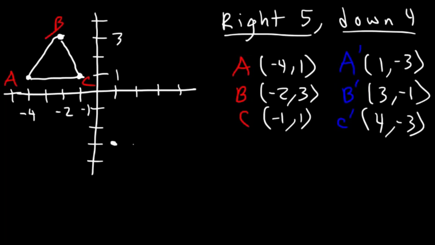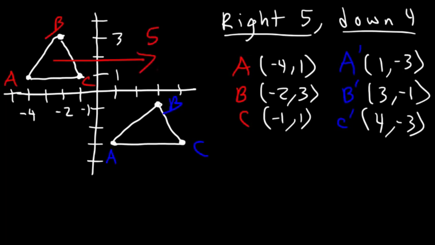And then point B is located at 3, -1, and C is located at 4, -3. So as you can see, we shifted the graph 5 units to the right and then 4 units down. And so it should be in this quadrant. For the sake of practice, let's try another example.